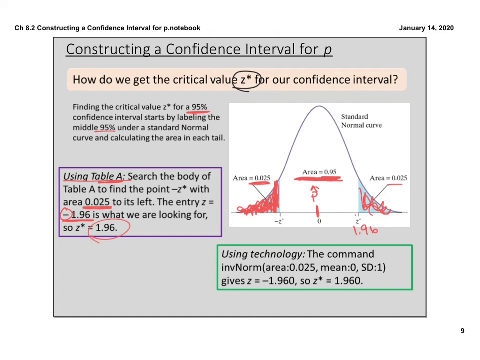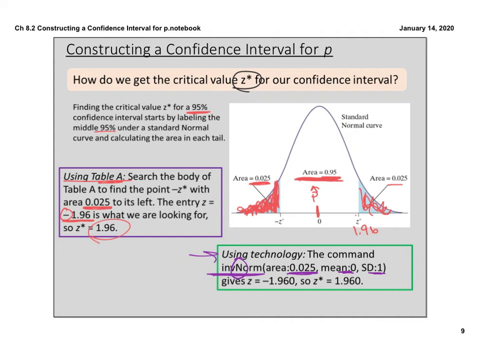Now, if you're using technology, which I think is what most of you do, when you go into your TI-84, you use inverse norm, and then you can type in your area of 0.025. Your mean is going to be 0, and your standard deviation is going to be 1, because we are looking at this as a standard normal, capital N, curve.